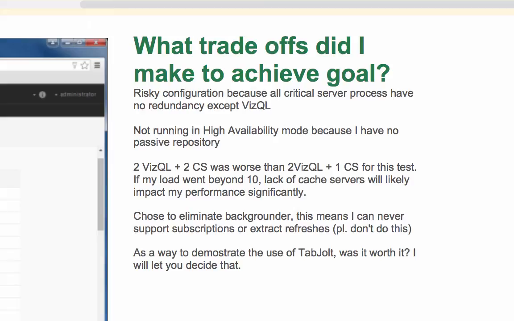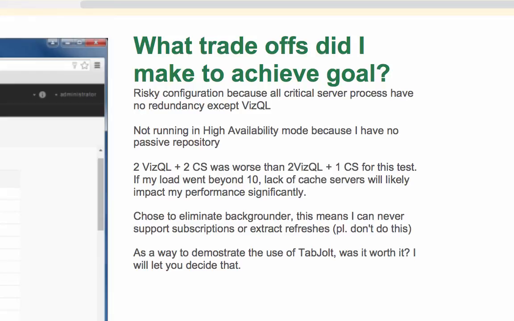So if any one of the server processes went down, like the application server, for example, server won't be available. I'm not running in the high availability mode because I have no passive repository in my deployment. 2 VizQLs and 2 cache servers was worse than 2 VizQLs plus 1 cache server for this particular test. But if my load went beyond 10, lack of cache servers is likely going to impact me.